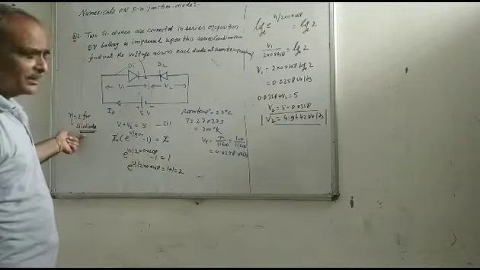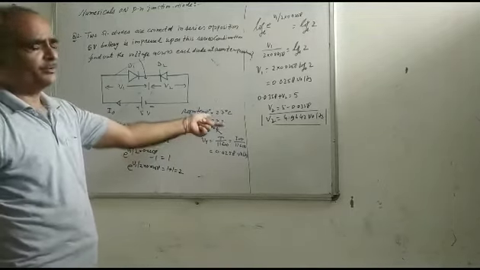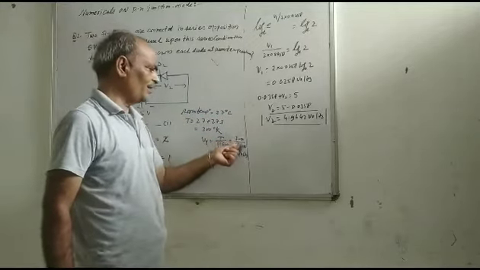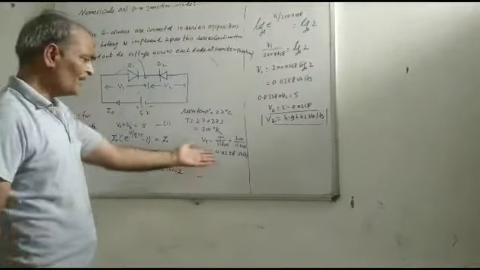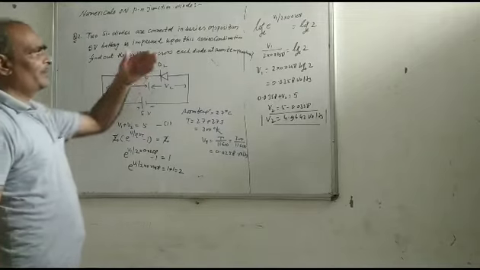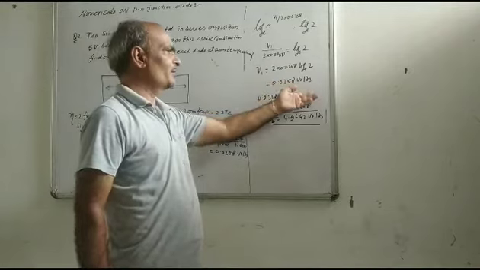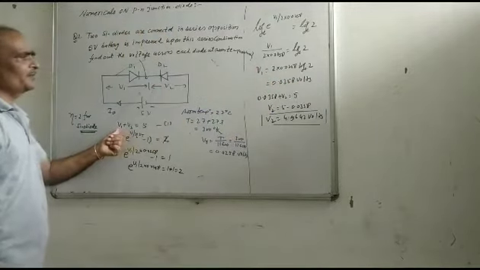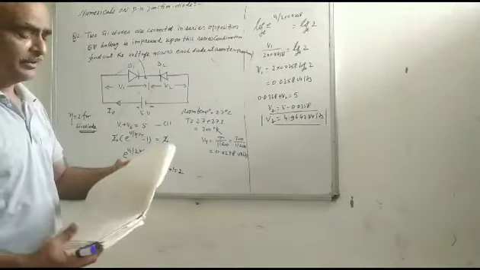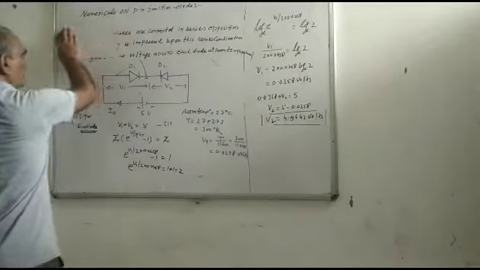As this is a silicon diode, eta is 2, and we calculate Vt considering room temperature of 27 degrees, so T in degrees Kelvin is 300 by 11,600, equal to 0.0258. Substituting these values and taking the natural log, V1 comes as 0.058 volts. If you substitute this value in equation 1, you will get the reverse bias voltage across the second diode D2. So this is the voltage drop across diode D2.